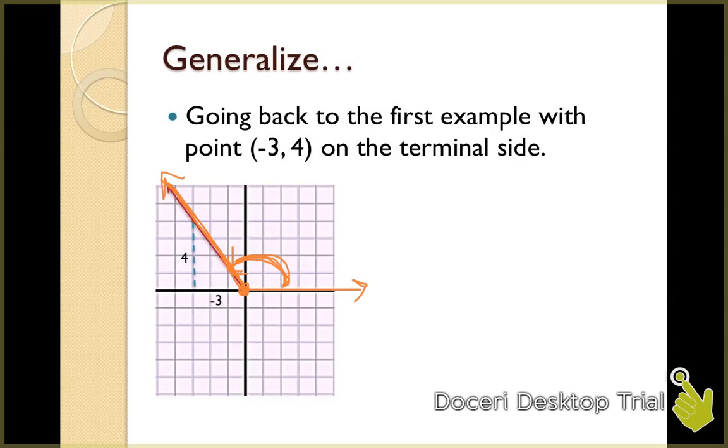Where this ends up will be our terminal side, and that's what is creating this angle for us. And so what they're showing you is if you know a particular point that's on that terminal side, then you can figure out the trig functions by using the x coordinate and the y coordinate, because those will correspond to legs of a right triangle that you can create.